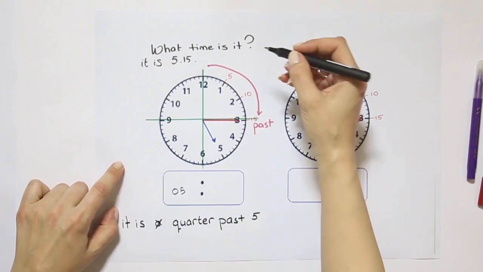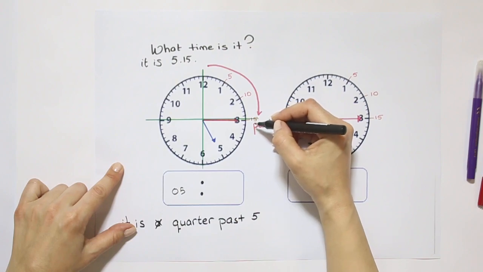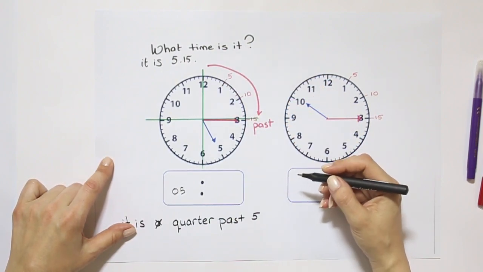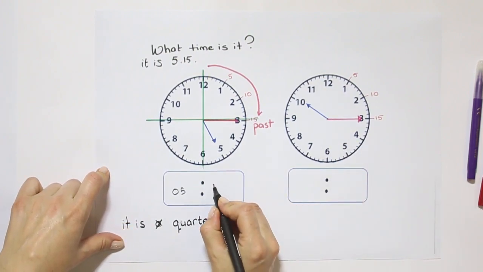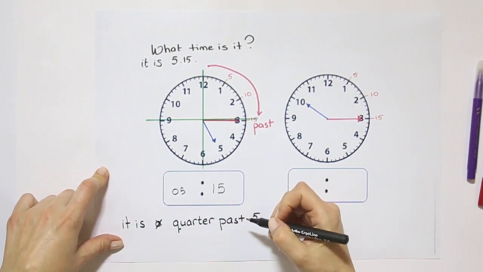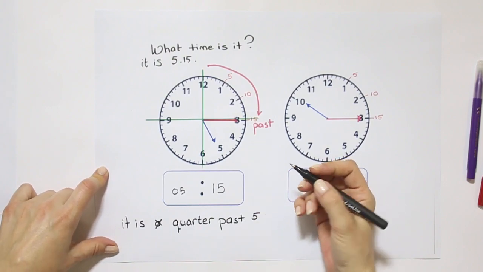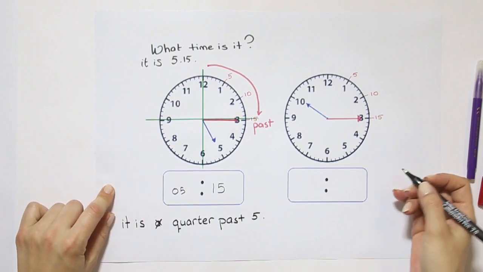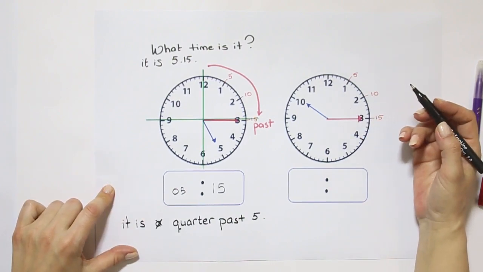The minute hand has moved a quarter of the way, or 15 minutes, around the clock. This means the time is 5:15. We can also say it is 5:15. Let's have a look at this clock face.